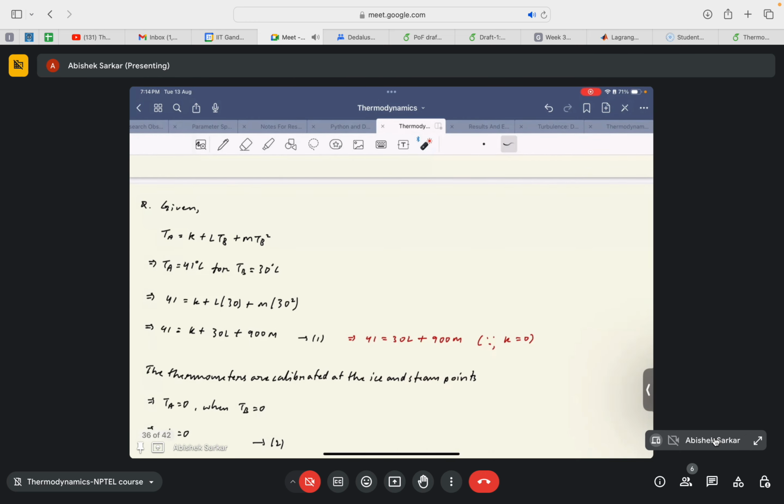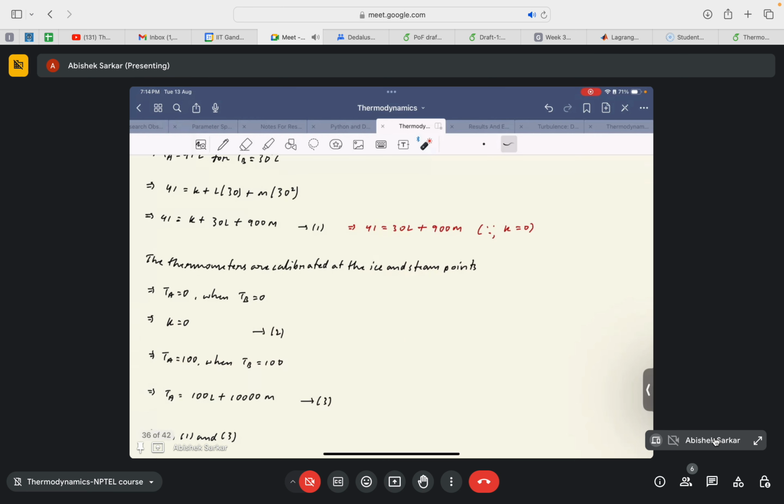We have TA equal to K plus L TB plus M TB square. Question number 3: TA is equal to 41 degrees Celsius for TB equal to 30 degrees Celsius. Substituting, we get 41 is equal to 30L plus 900M, plus K. Since the thermometers are calibrated at the ice and steam points, TA is equal to 0 when TB is equal to 0. Substituting these values, we get K equal to 0.